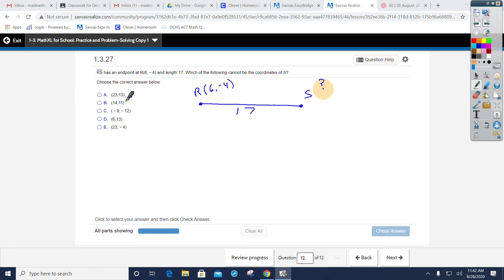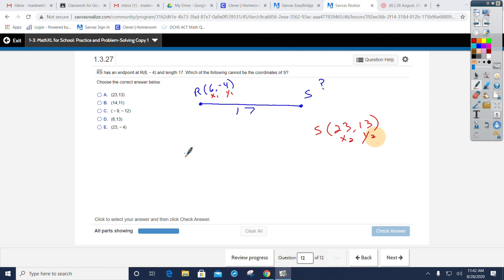So first I'm going to try and see if for S, I can use the first one, which is 23, 13. So this is always going to be my x1, y1 over here for my R. So I'm going to let this be x2, y2.